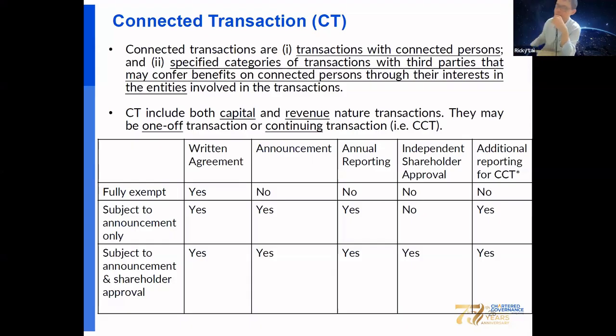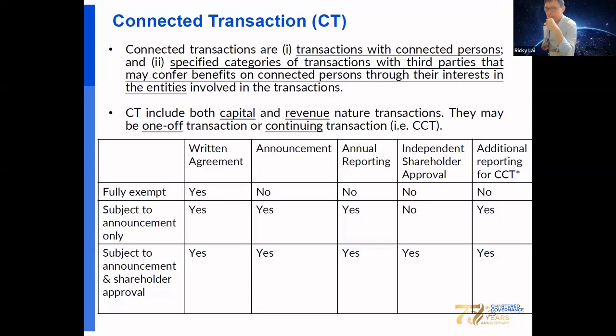Okay, so even though the CT is fully exempted, a written agreement is still required for entering the transaction with the connected person. Because of full exemption, there is no need for public announcement, no reporting, no need to hold a shareholder approval meeting, and no reporting for CCT.